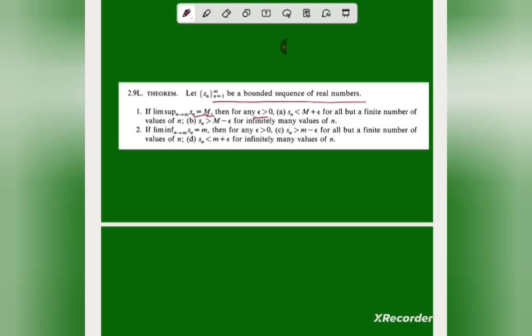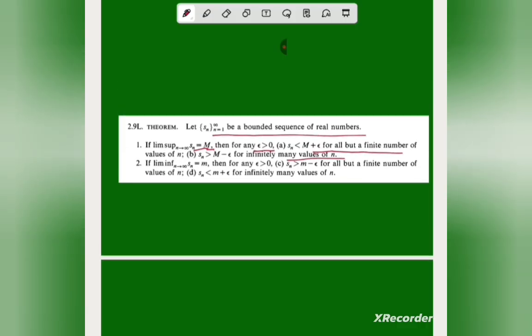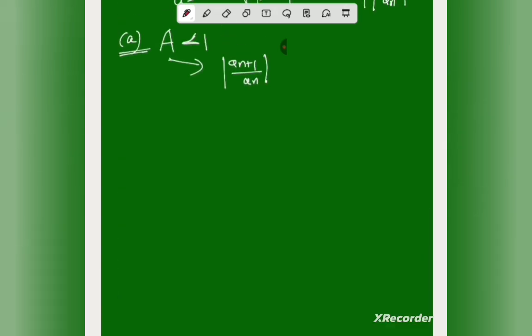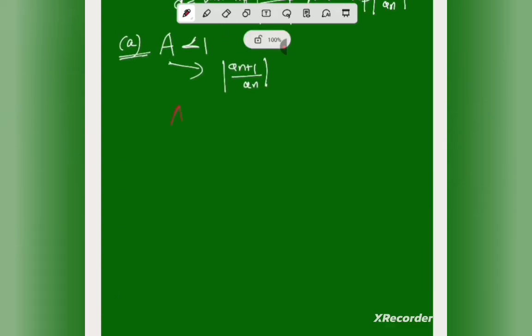Then for any epsilon greater than 0, S_n is less than m plus epsilon for all but finitely many values of n, and S_n is greater than m minus epsilon for infinitely many values of n. I am going to apply this theorem statement and prove this, because we are given the limit supremum.